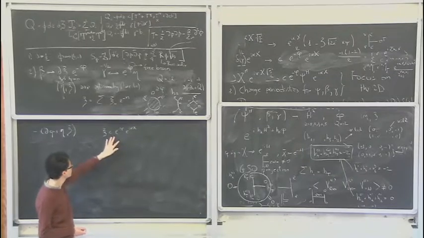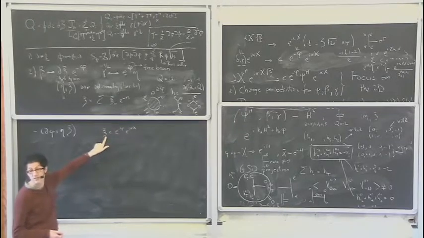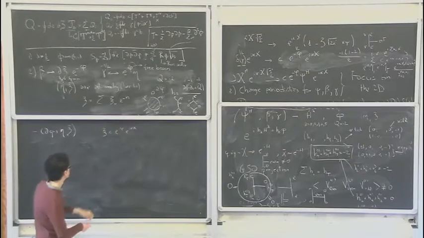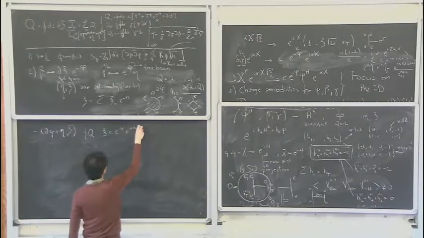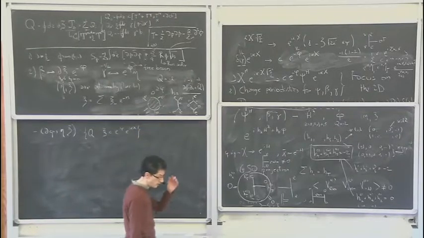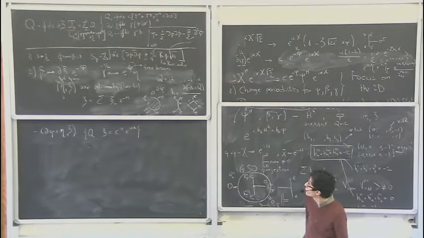So you do that. Notice that this xi has conformal weight 0, so multiplying by xi does not change the conformal weight of this state. So you take this, and then you take the anti-commutator with the BRST charge.